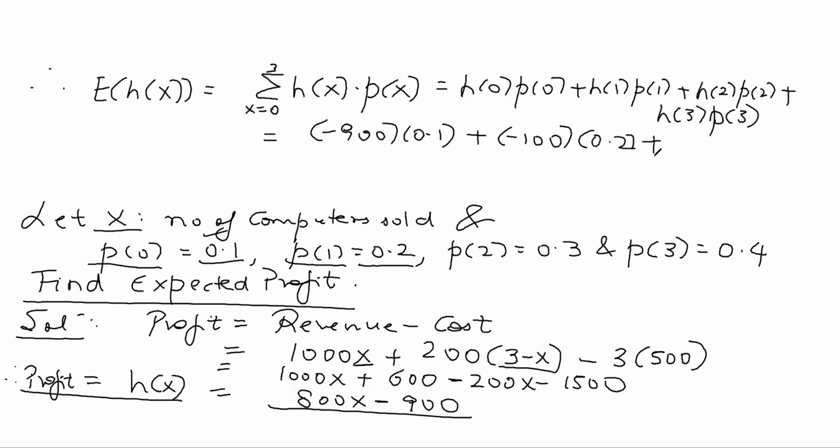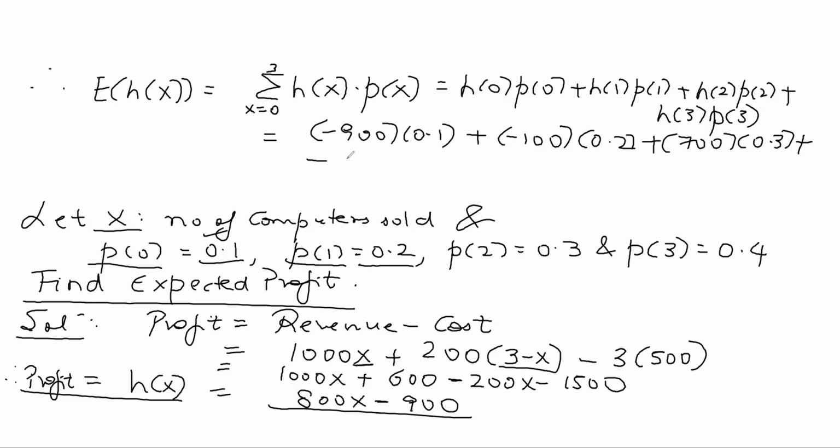H of 2 will be, if I put 2 here, it's 1600 minus 900, that makes it 700 into P of 2 is 0.3 plus H of 3. H of 3 will be 2400 minus 900. So 2400 minus 900 will be 1500.